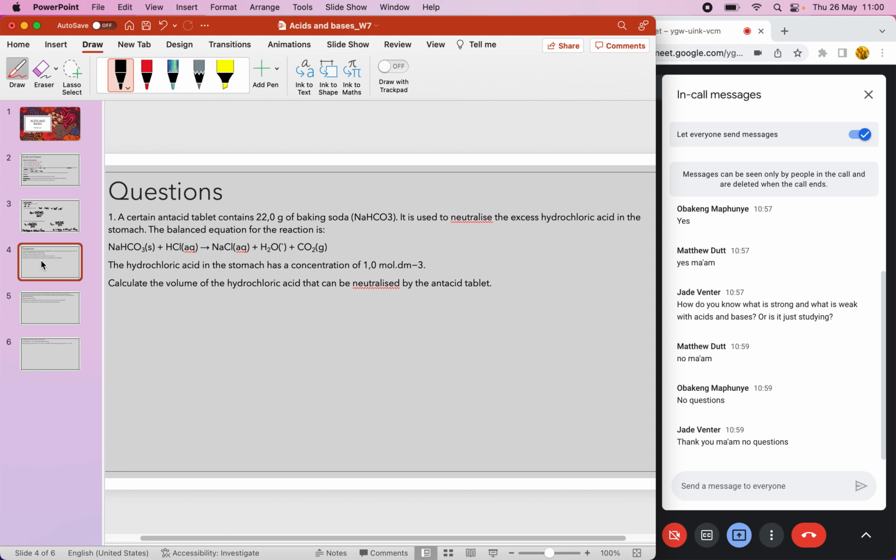The balanced equation for the reaction is baking soda plus HCl gives sodium chloride plus water plus carbon dioxide. The hydrochloric acid in the stomach has a concentration of 1.0 mole per dm cubed.